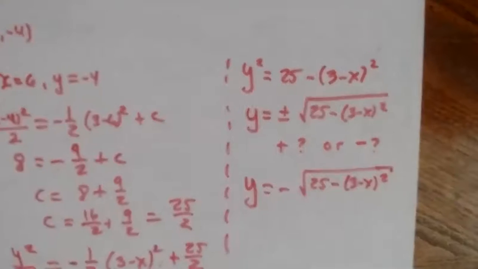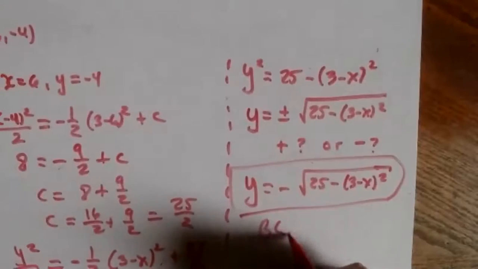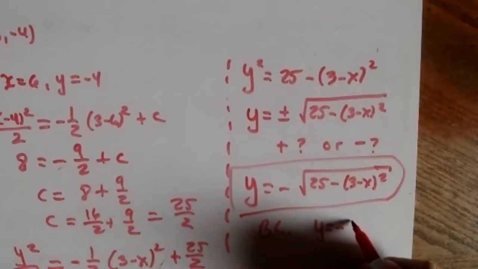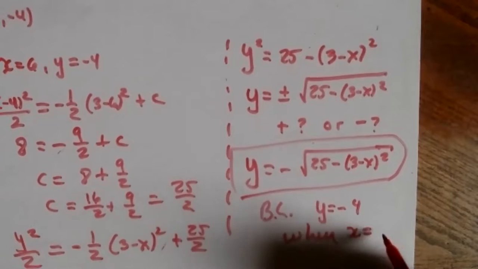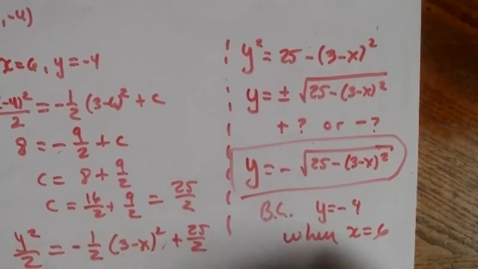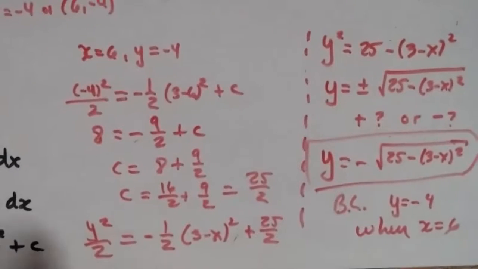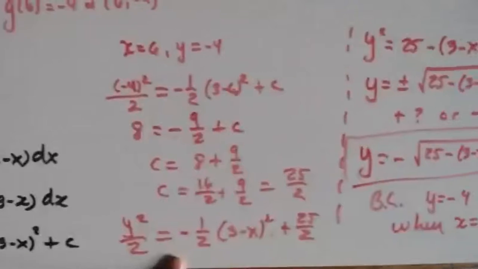Be careful. You have to be consistent with the points. This is because y is negative 4 when x is 6. Okay? Because you use the initial condition. Now I want you to check the calculus and the algebra.